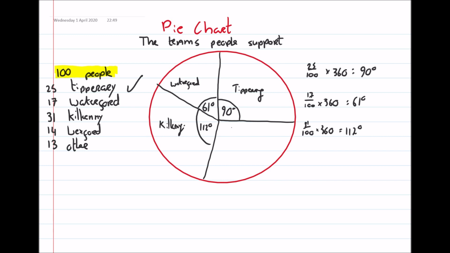Okay, next Wexford, which is 14 out of 100 multiplied by 360 degrees, which equals 50 degrees, which is about, I suppose, this much.